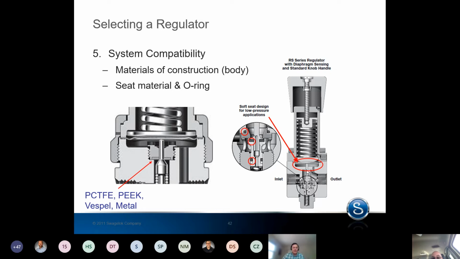You do want to pay attention to the dynamic versus static seals in a regulator, because regulators are always moving. You want to make sure that the dynamic seals, so seats and O-rings on poppets or pistons, whatever, don't get any swelling or anything that could impede the movement of those products.